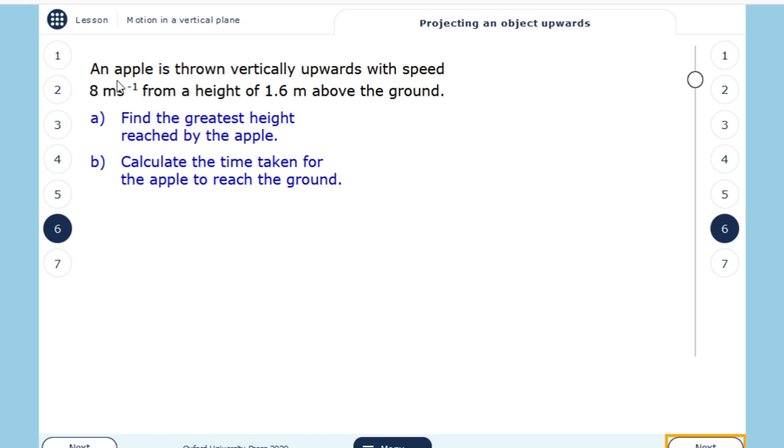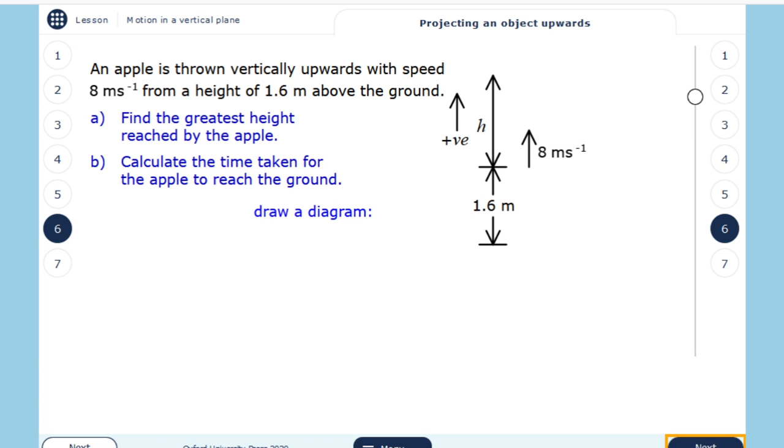Let's see that. An apple is thrown vertically upwards with an initial speed of 8 meters per second, from a height of 1.6 meters above the ground. Find the greatest height reached by the apple. Let's see. So I am here, I'm throwing the apple upwards, and I'm taking upwards as the positive direction. The initial speed is 8 meters per second upwards.